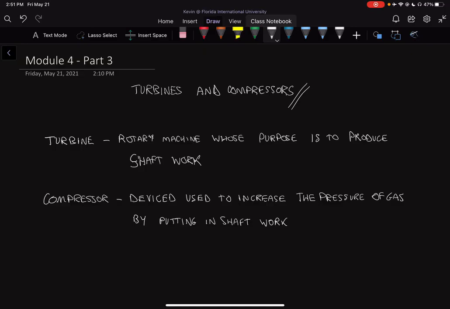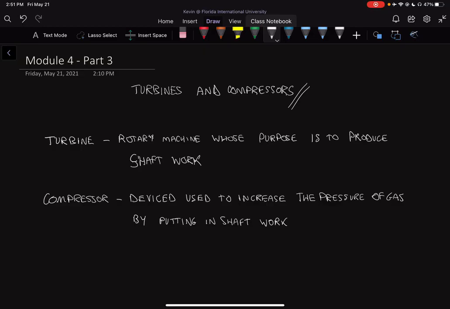Turbines are usually used in thermodynamics to drive an electric generator in power plants. We usually associate turbine work with power plants, but turbines can also be used in cars, where turbochargers use a turbine to create more power for the engine.